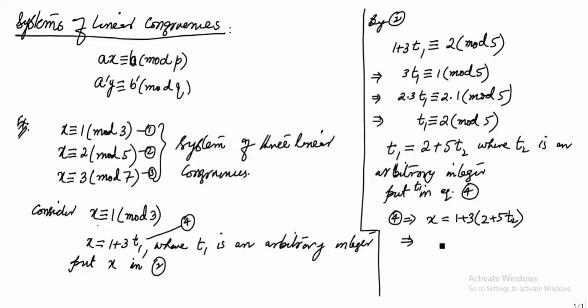Okay, so now x is equal to 1 plus 6 plus 15t2, or you can write 7 plus 15t2. Okay, this value 7 plus 15t2 can be put in congruence 3. So put in congruence 3.